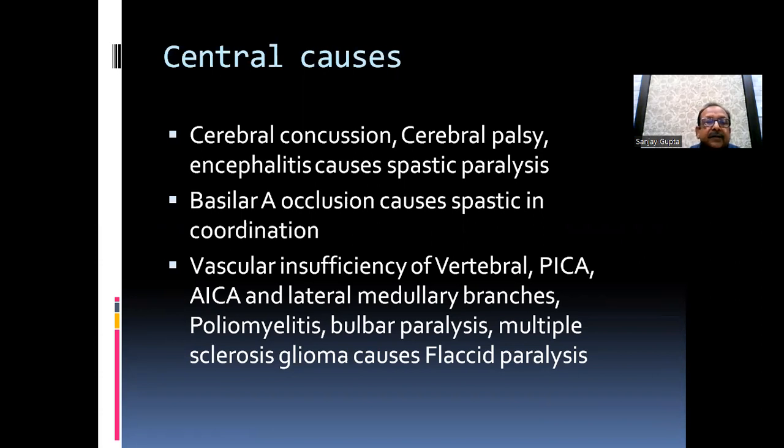Then conditions like poliomyelitis, bulbar paralysis, multiple sclerosis, glioma, etc. cause a flaccid paralysis.